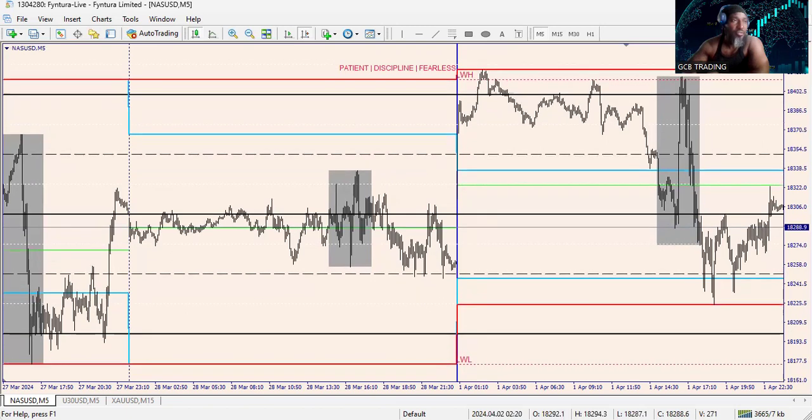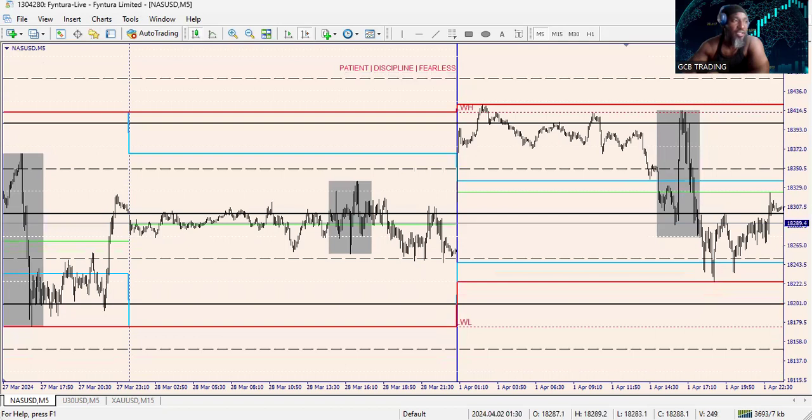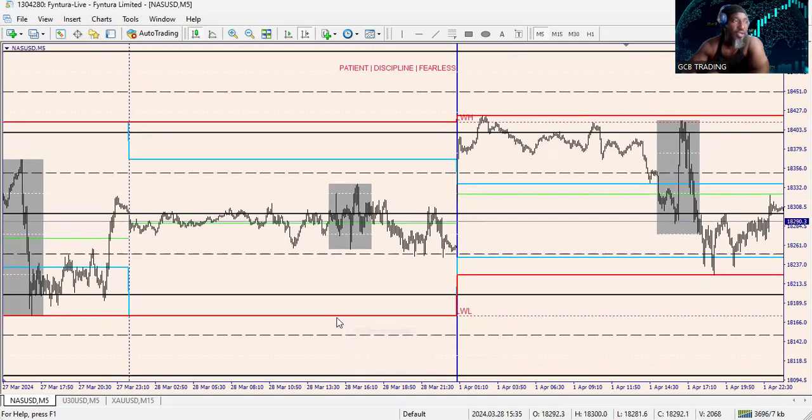Now, coming into me taking this trade today on the NASDAQ, the first thing I identified was that on that Thursday, because there was nothing happening on Friday due to the holiday, the market was not open for indices. So on that Thursday, price closed inside of the previous day's high and the previous day's low, which was right down here.